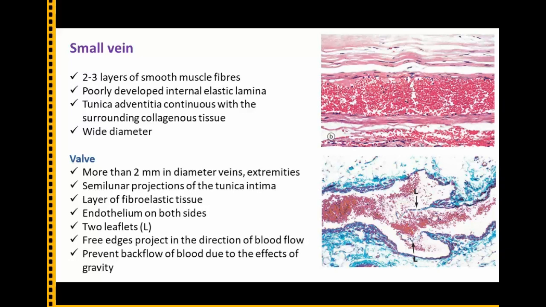So blood can easily flow through the veins, and if the blood tries to fall down due to gravity, the valve leaflets will automatically close and prevent the backflow of the blood.